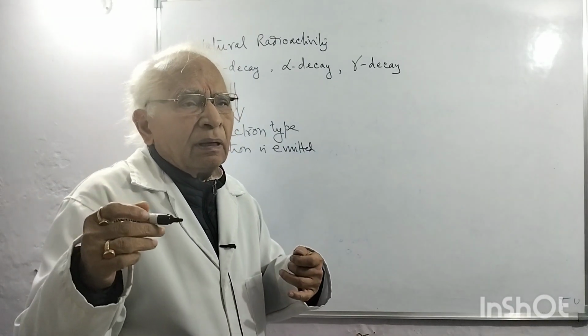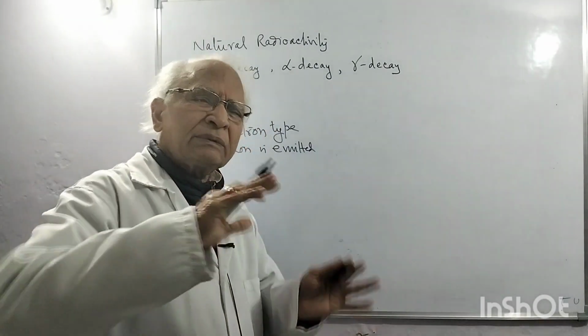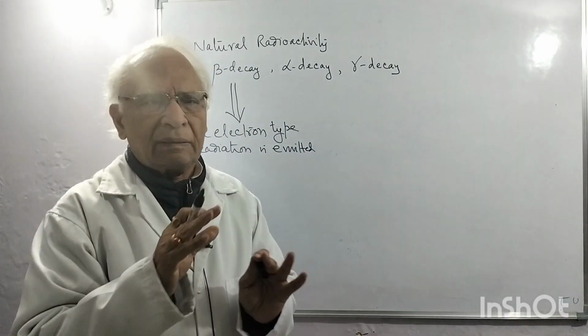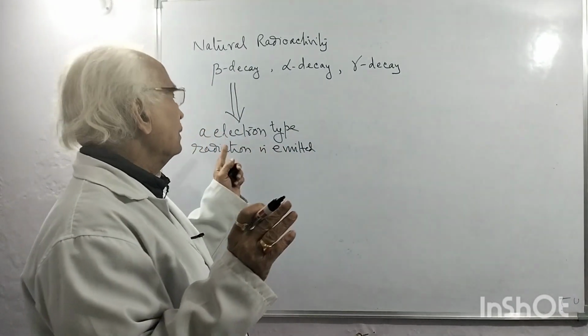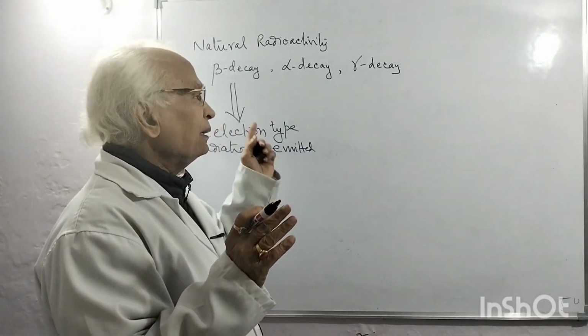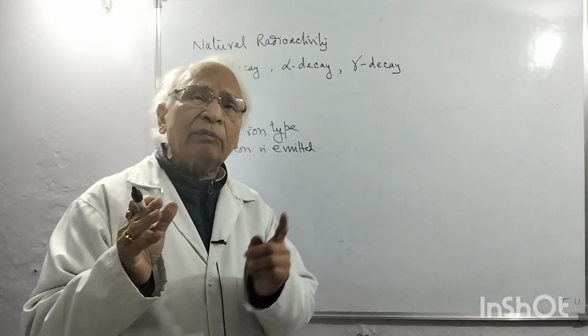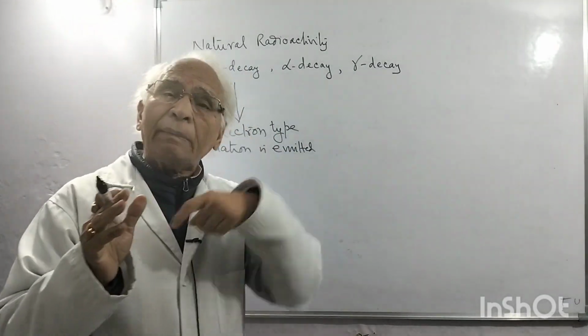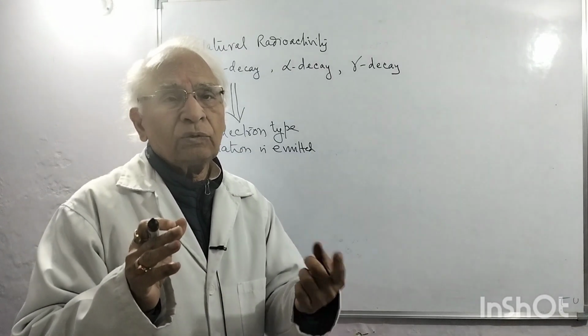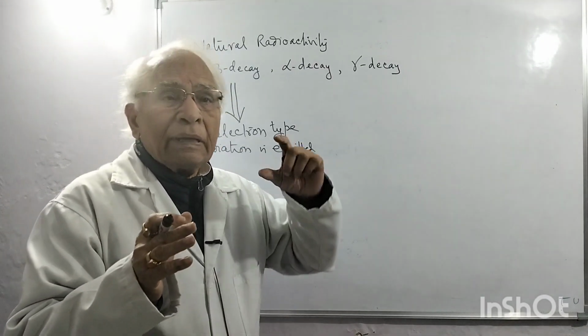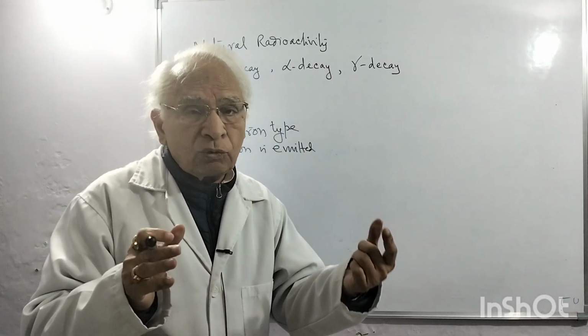Because there is something which is not exactly same. So it is electron type. It is electron in the sense that it is coming from the element. It is coming from nucleus. So it is different because electrons are not existing in nucleus.